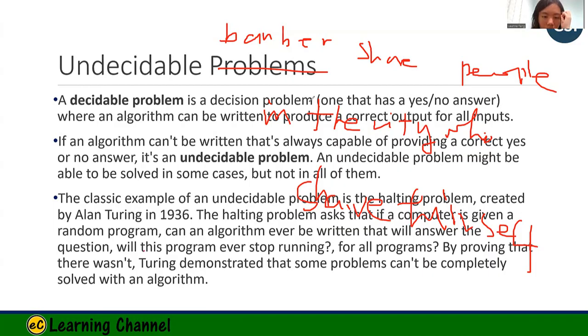So let's assume that he shaves himself. Then he violated that the barber shaves whoever doesn't shave himself. If he doesn't shave himself, then he needs to shave himself. So whether this barber will shave himself or not, this is an undecidable problem. Is that okay? Can you understand it?